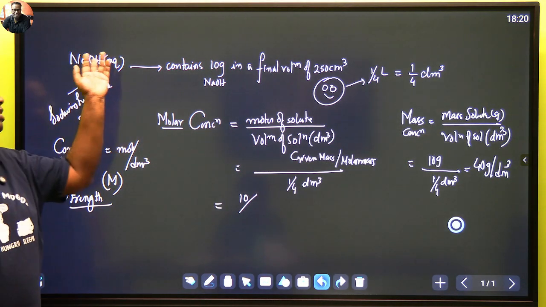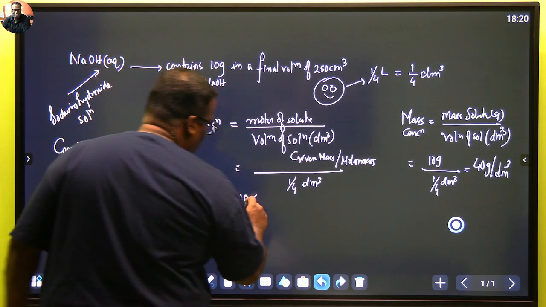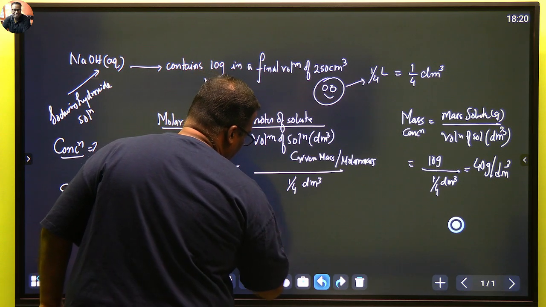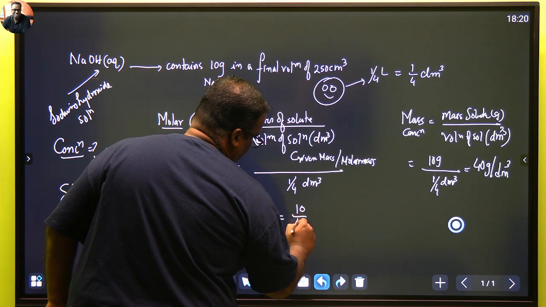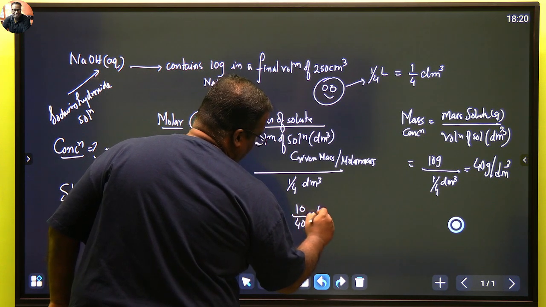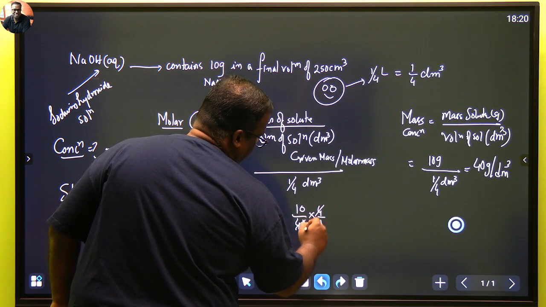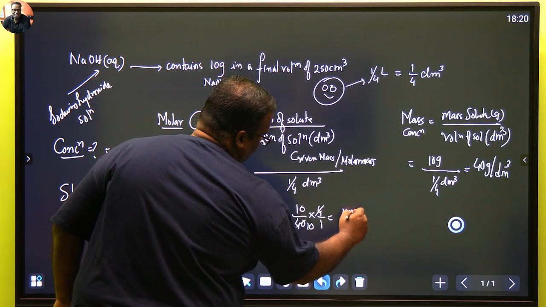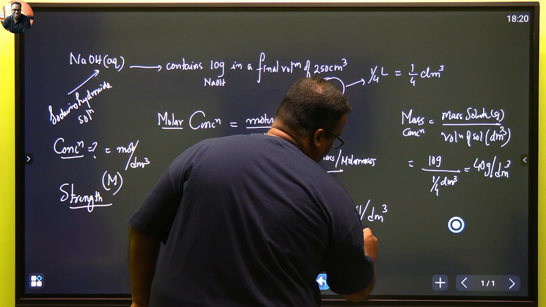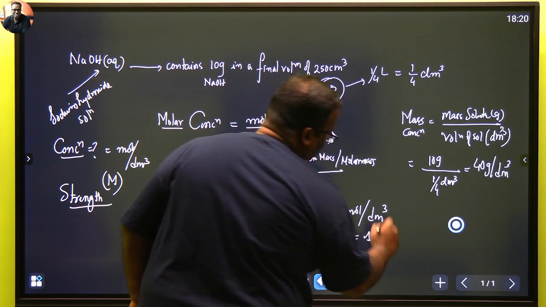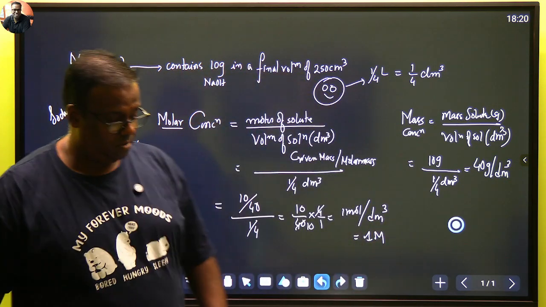Hydrogen 1. Correct. So 10 over 40 divided by 1/4 becomes 10 over 40 into 4/1. So 4 tens are 40, 10. So it's 1 mole per dm cube. And in other books, you will see it written as 1 molar solution.